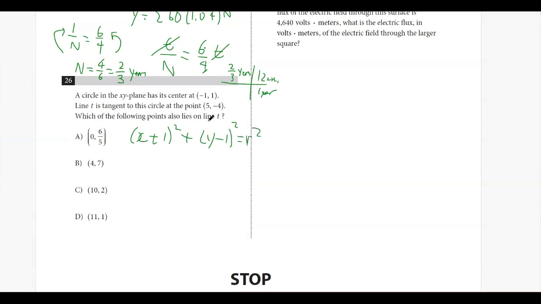I'm going to go ahead and calculate the r by plugging 5, -4 here. So 36 plus 25 is equal to r squared. So r squared is equal to 61. R is equal to square root of 61.